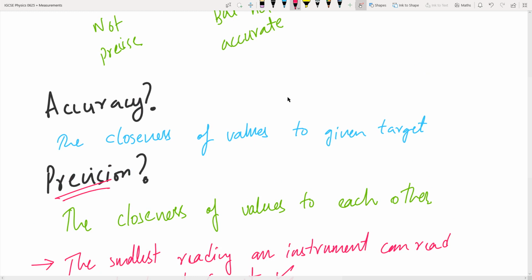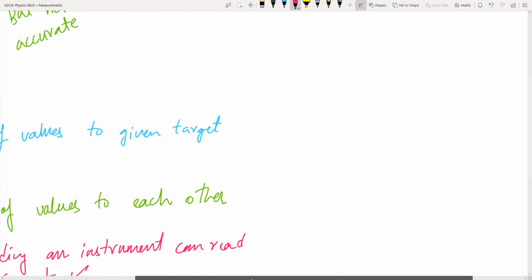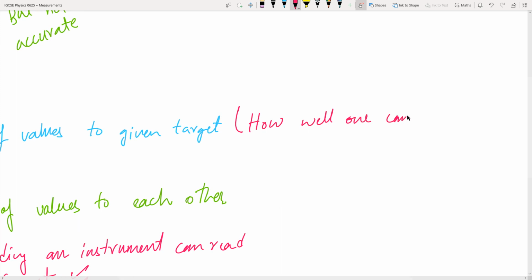So that is the precision, and accuracy would be how well one can read the instrument, to avoid errors in reading.